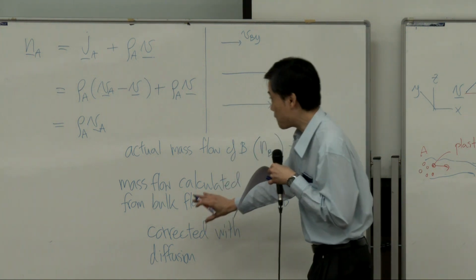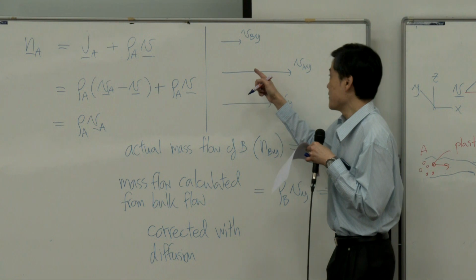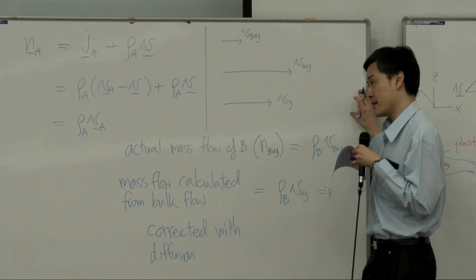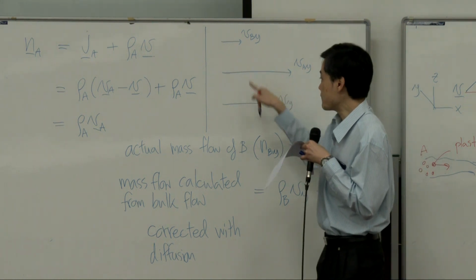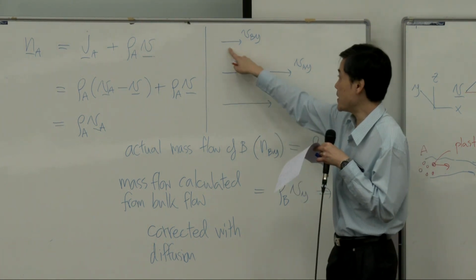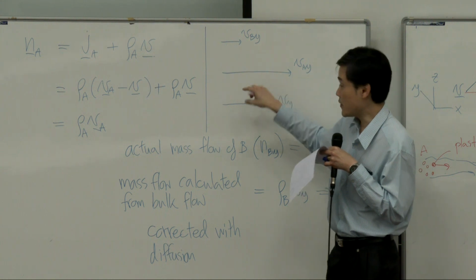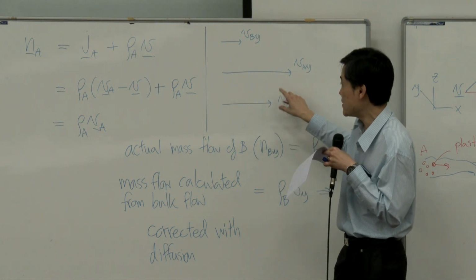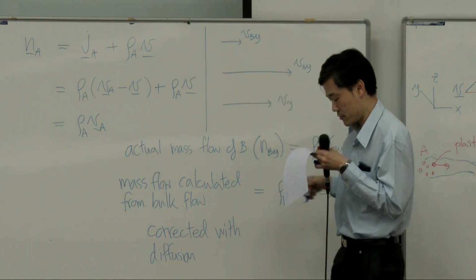And diffusion of B, on average, fluid is moving to the right. But relative to the flow of the fluid, B is much slower. So if you move your camera or move your drone around with this velocity, you will see B going backward.